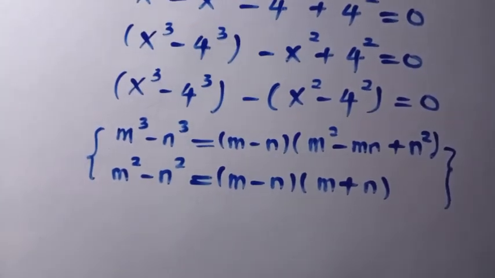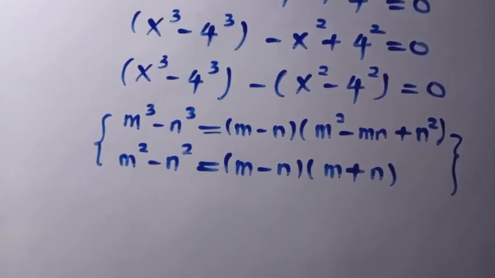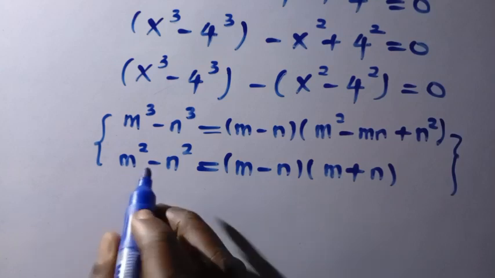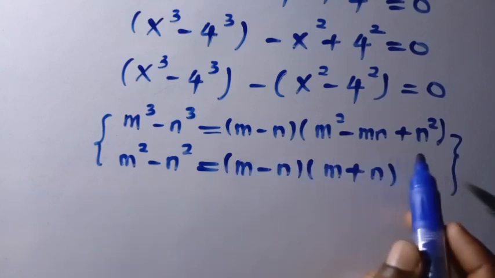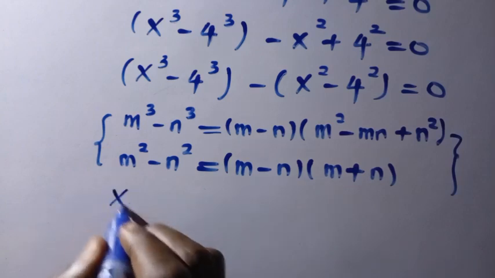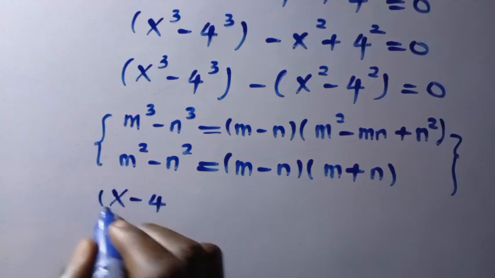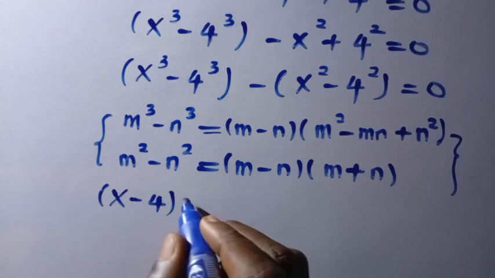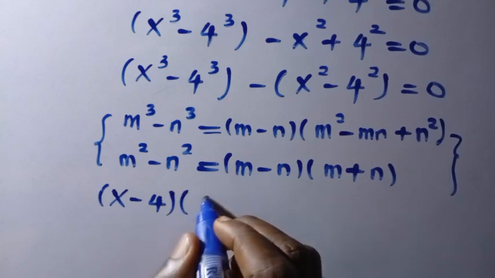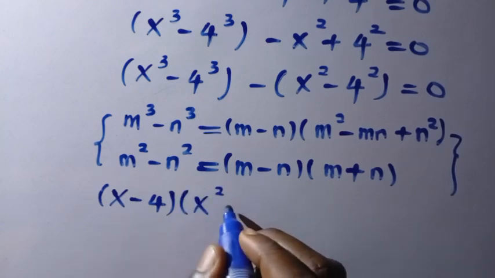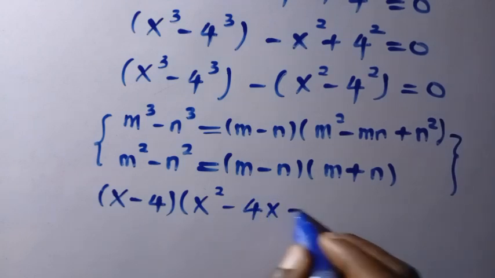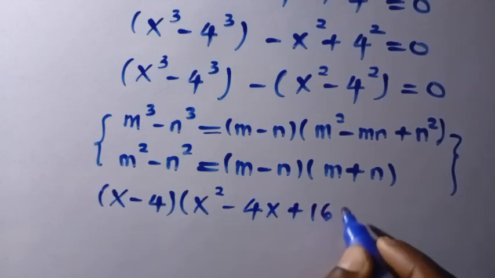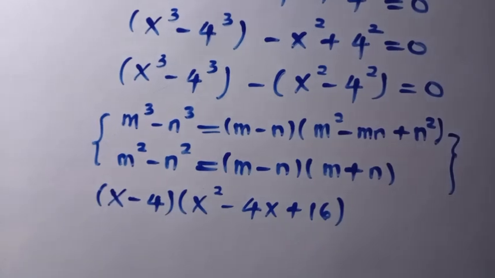By trying to apply it here, x is m and n is 4. So using this one, we have x minus 4 multiplied by x raised to power 2 minus 4x plus 16, that is 4 squared.